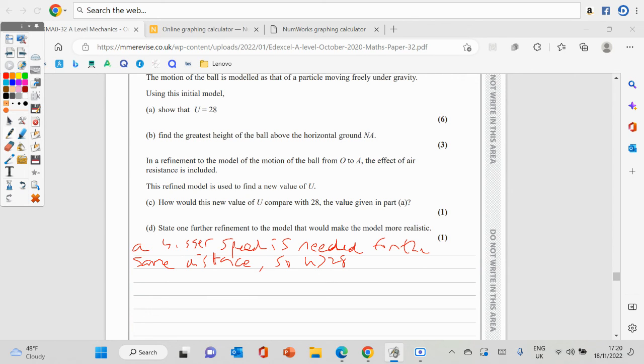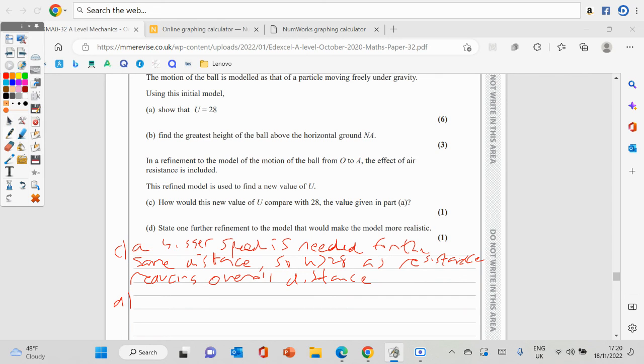So u will be bigger than 28 as resistance reduces overall distance.